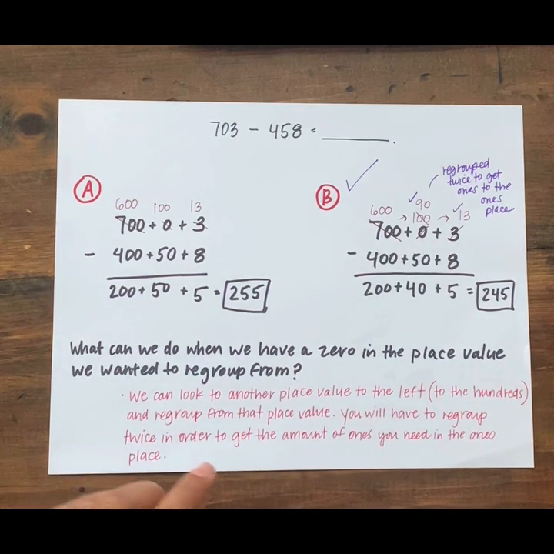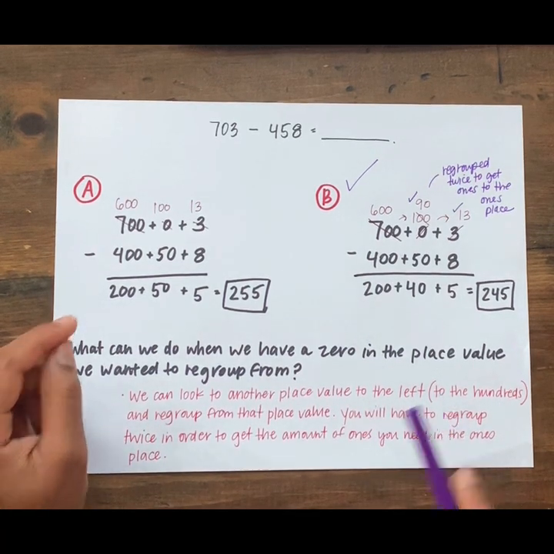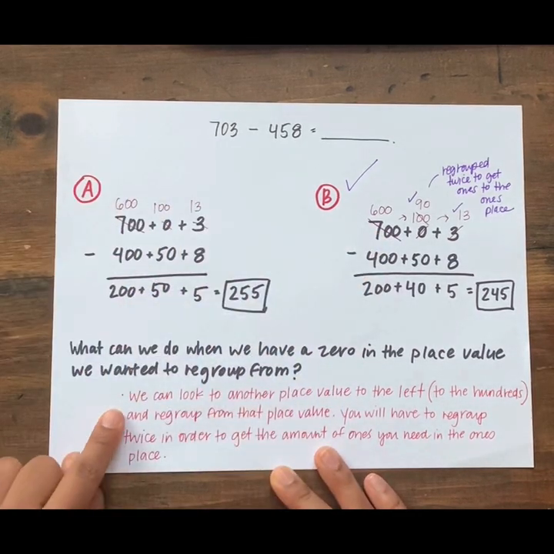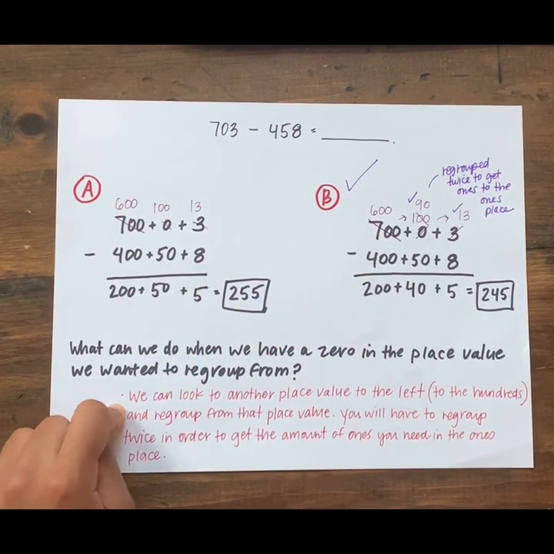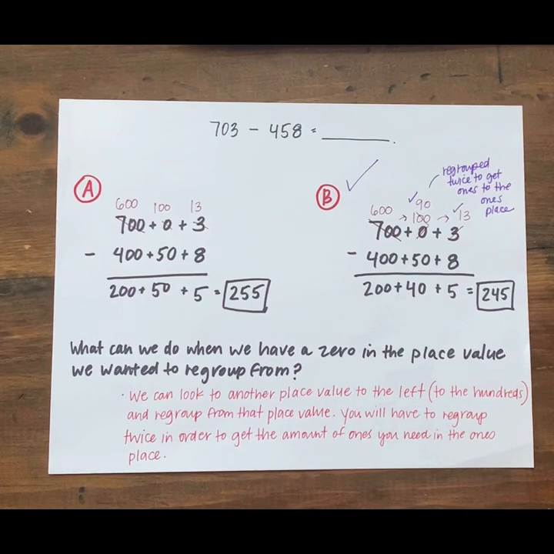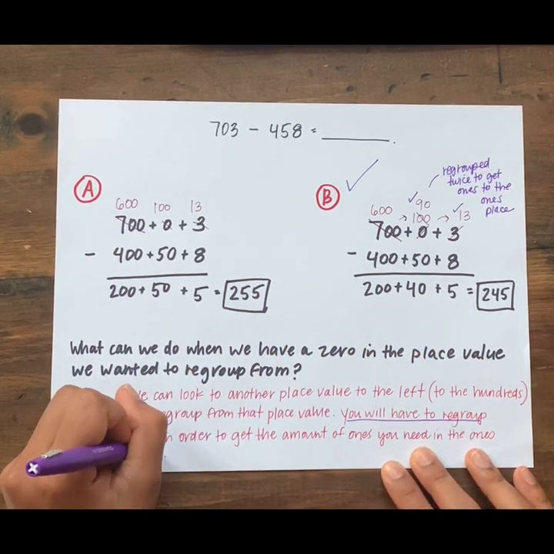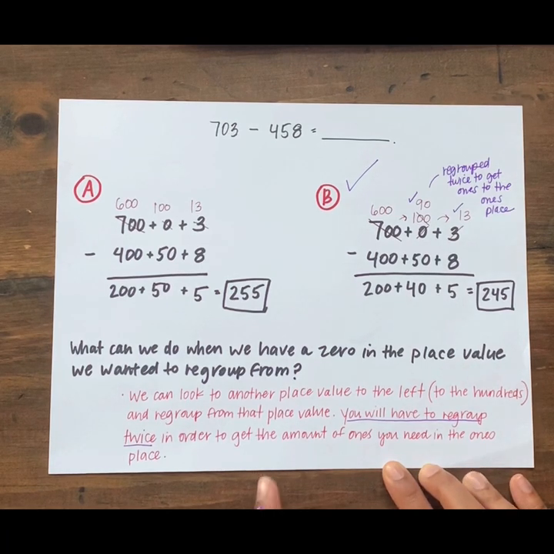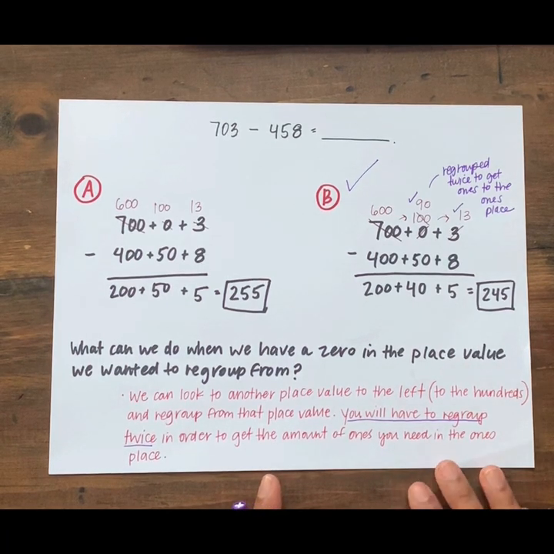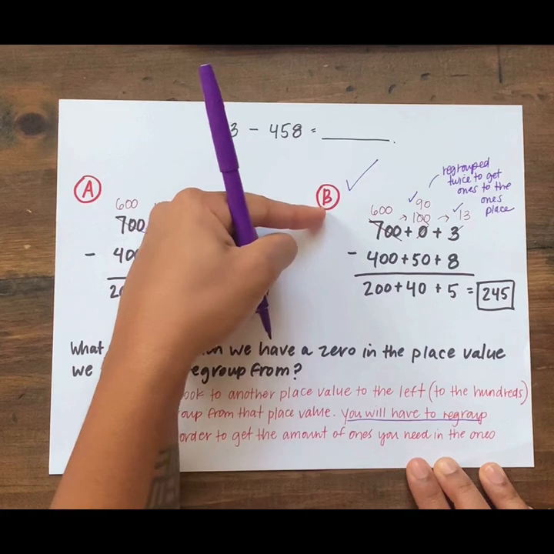We can look to another place value to the left, in this case, to the hundreds, and regroup from that place value. Remember, team, you will have to regroup twice. That means 2 times in order to get the amount of ones you need to the ones place, just like our friend student B did.